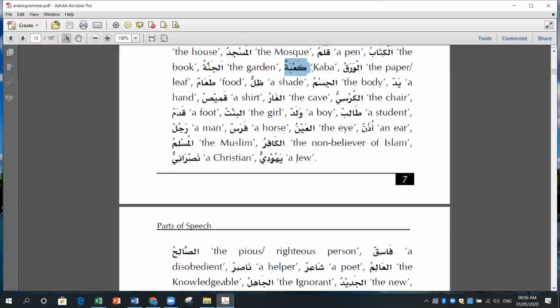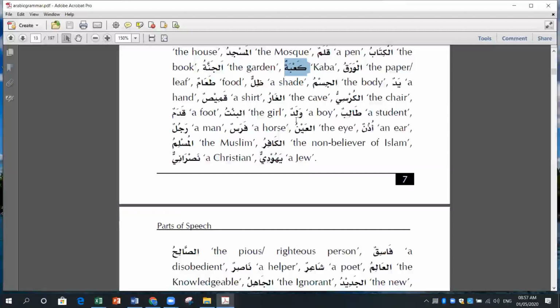Exactly. Now this word which I have highlighted, can you read it? Ka'batun. Is it Ka'batun or Ka'batu? Can you see? Yes, it's Ka'batun written. So is it a common noun or a proper noun, Rahila? Common.